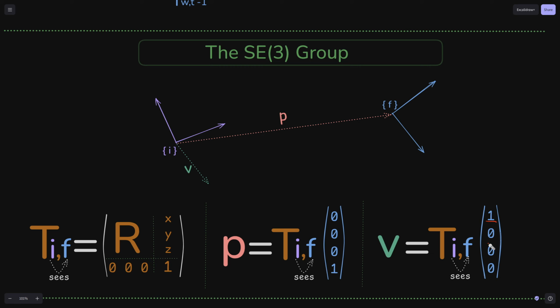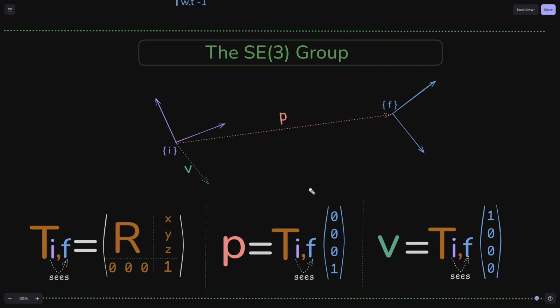This is just 1, 0, 0, 0. Okay, and this will provide V, which is this. So this thing will go to here, and then V will project onto the basis of the frame I.